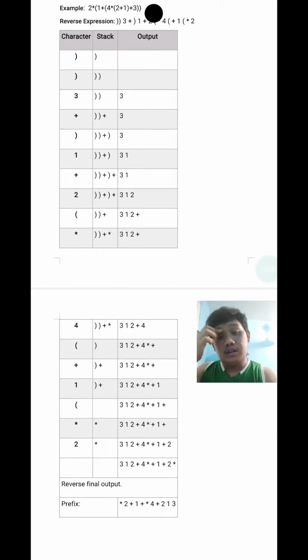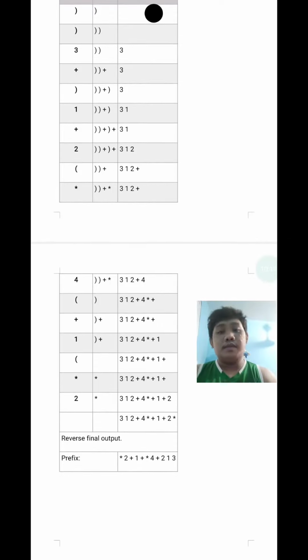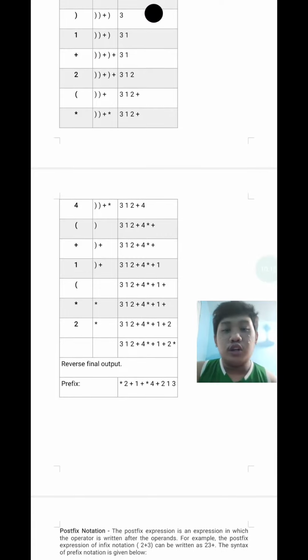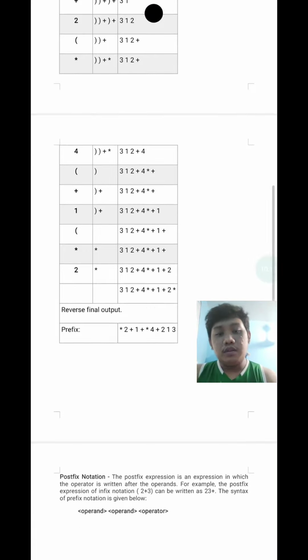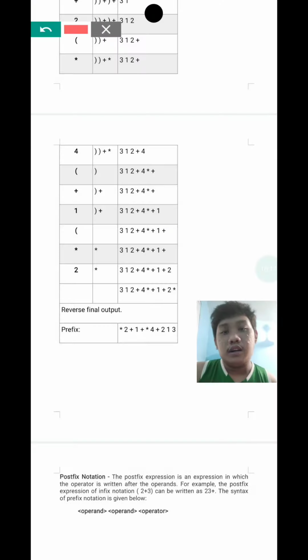Next is the 4 character here. Since it is an operand, it will be added to our output. Here it becomes 312 plus 4, and our stack is still as it is.